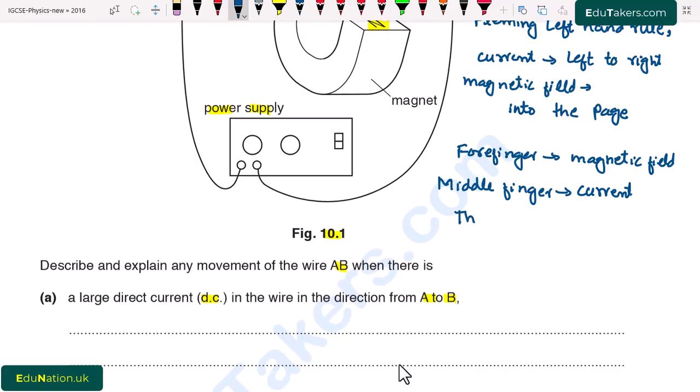Then thumb will indicate the direction of force. By applying this rule, I observe that the force is in upward direction and it is vertically upward. It means that the wire AB moves vertically upward.